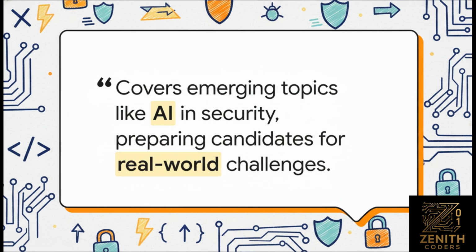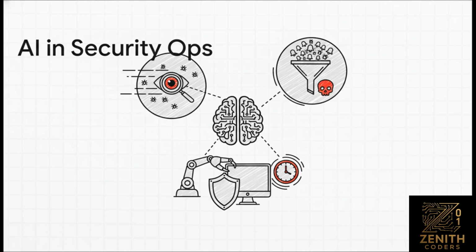Defenders have to be ready for whatever that next wave of challenges looks like. AI is quickly becoming this incredibly powerful partner for defenders. I mean, it can hunt for threats faster than any human ever could, it can automatically sift through thousands of alerts to find the ones that are actually dangerous, and it helps security teams respond to incidents in record time. It really is a game changer.